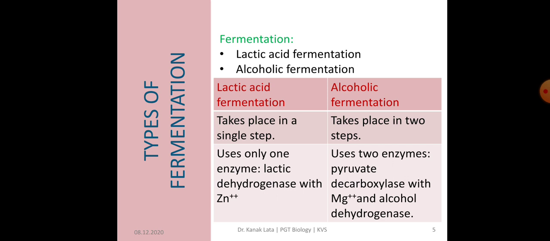Only one enzyme, that is lactic dehydrogenase with zinc ion, is used in lactic acid fermentation. But in alcoholic fermentation, two enzymes are used. What are the names of the enzymes? Pyruvate decarboxylase with magnesium ion and alcoholic dehydrogenase are used.